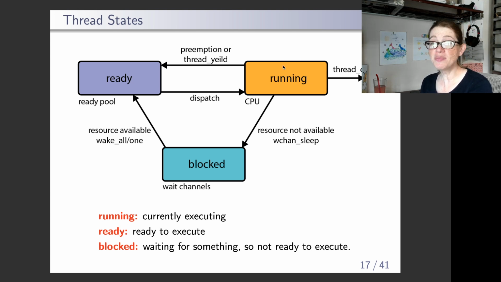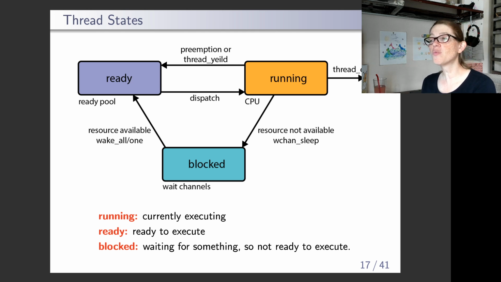They can be preempted, that is involuntarily kicked off the CPU, or they can call yield to voluntarily give off the CPU. And whether you are preempted or whether you yield, you will go from running to ready because you're not waiting on anything. You didn't really want to give up the CPU. If you are running and you call exit, you're dead, so you go out into the ether.